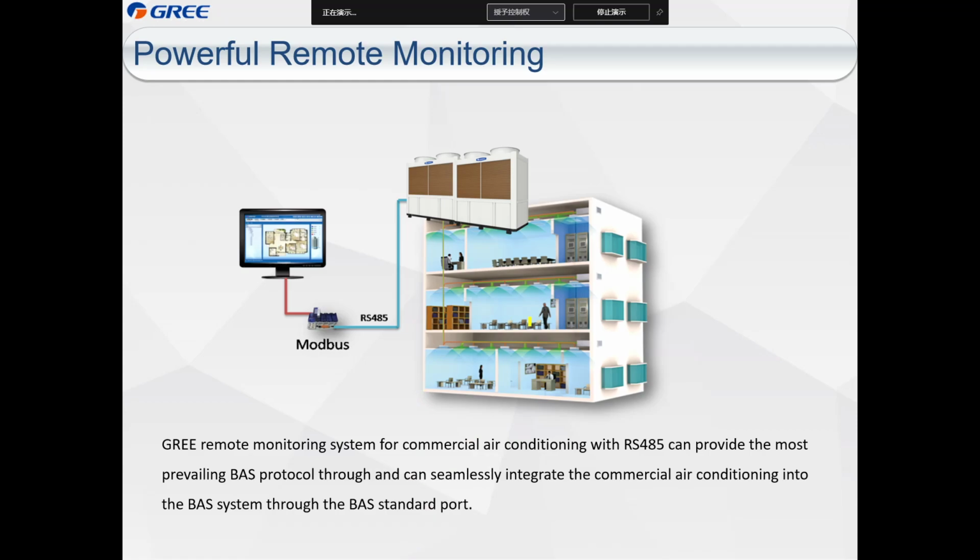If you want to connect the remote control, you can use the GRI monitor software, or you can connect the BMS system. We can provide the RS485 protocol. This is the remote monitor.